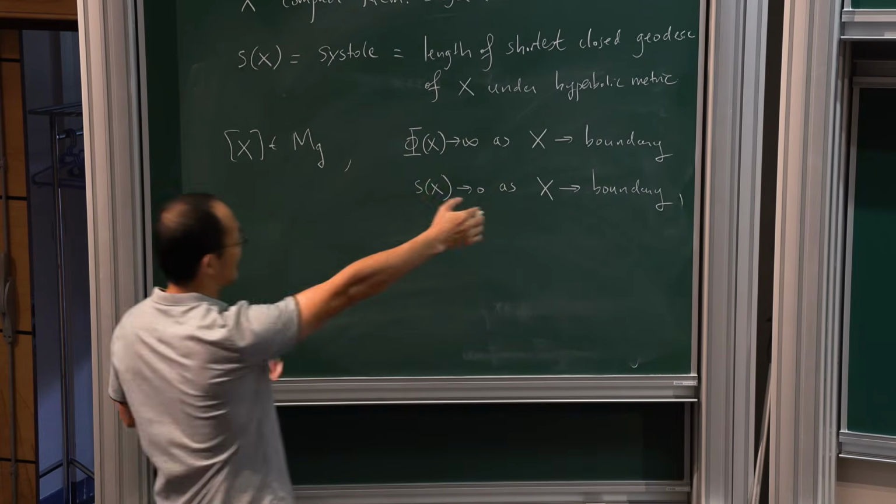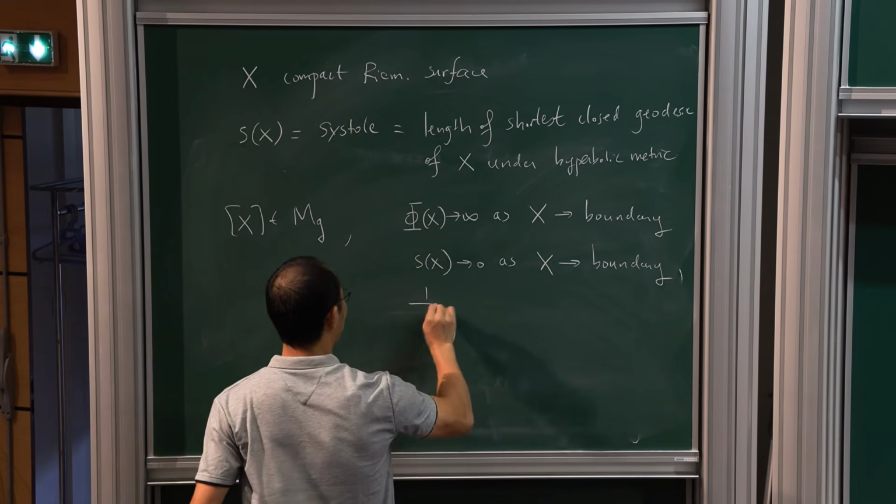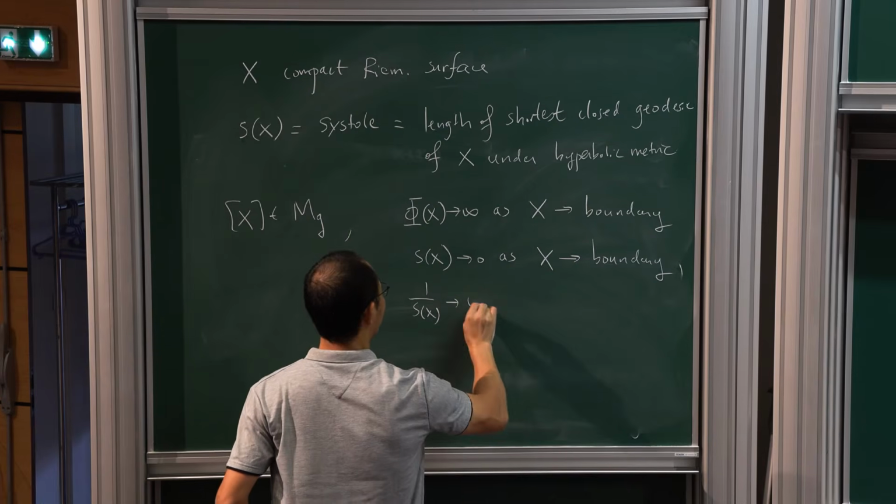Of course, then 1 over S(X) is a good invariant, since it blows up at the boundary. So now 1 over S(X) goes to infinity.